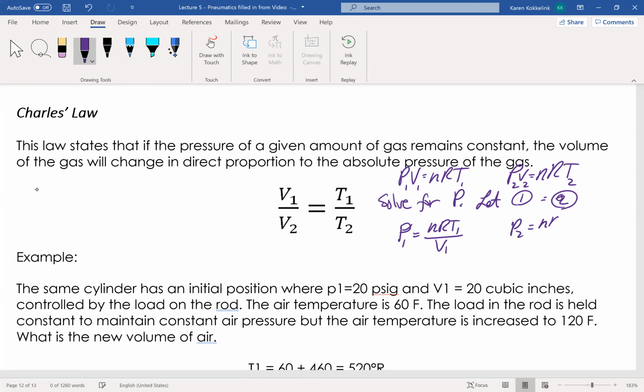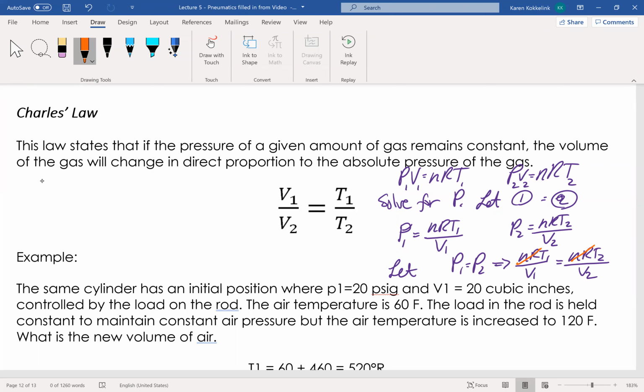P2 equals nRT2 over V2. All I'm doing is solving for P2. Let P1 equal P2. Therefore, nRT1 over V1 equals nRT2 over V2. And I could cancel those out. N and R is the same material, it's the same count. So I get T1 over V1 equals T2 over V2, which is a nice way to express it.